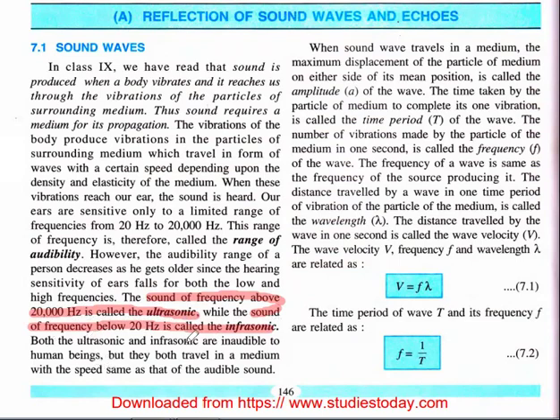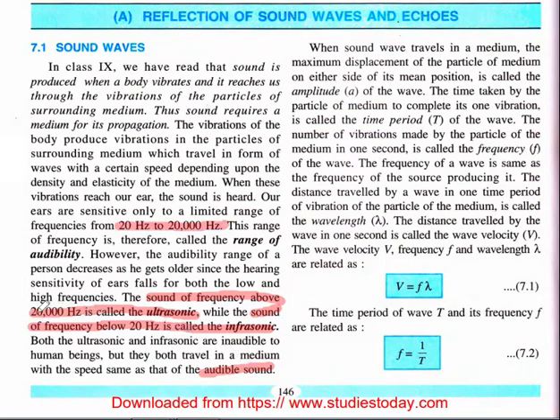Both ultrasonic and infrasonic are inaudible to humans, but they both travel in a medium with the same speed as the audible sound. What is the audible sound? 20 hertz to 20,000 hertz.